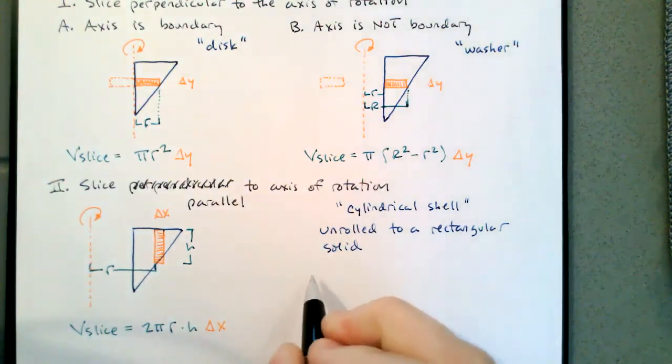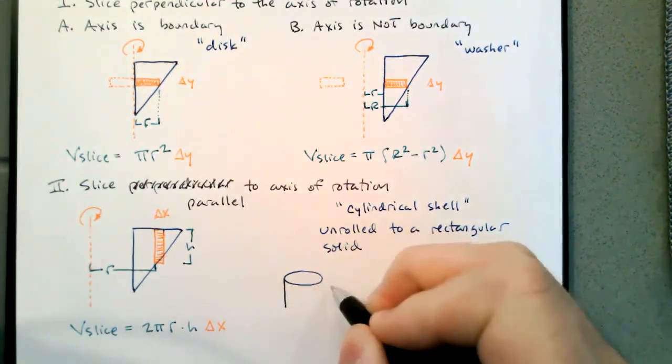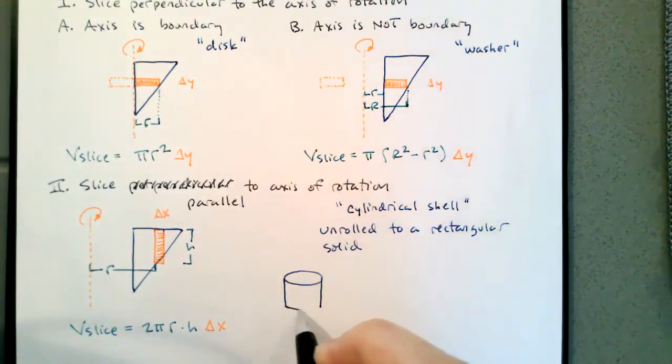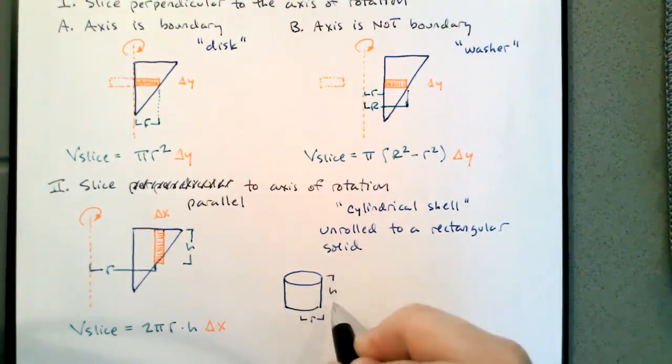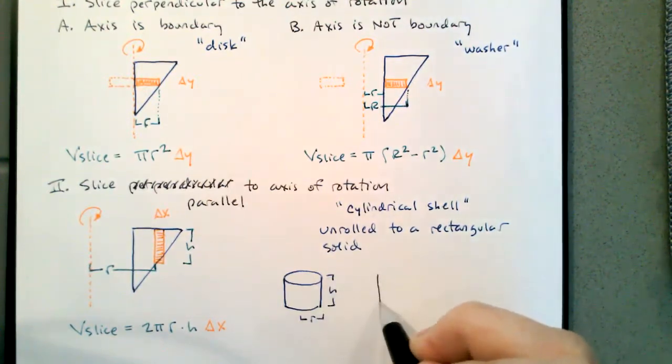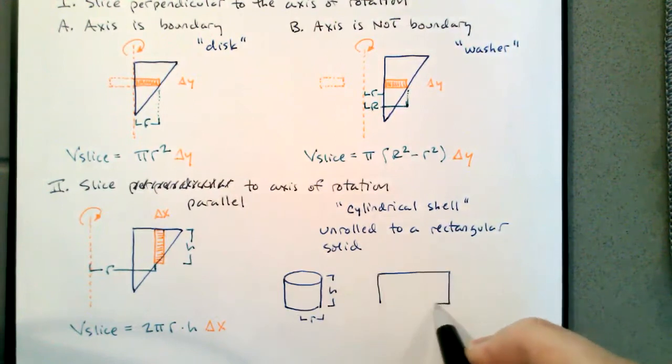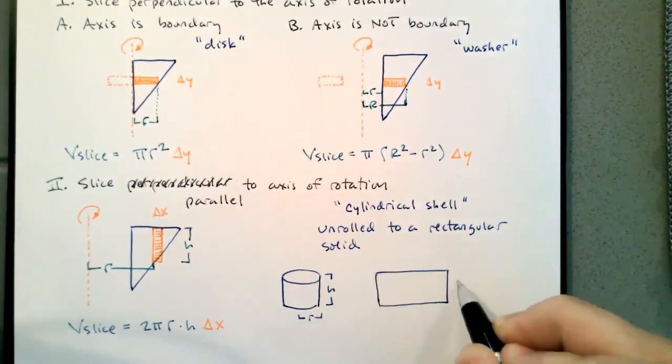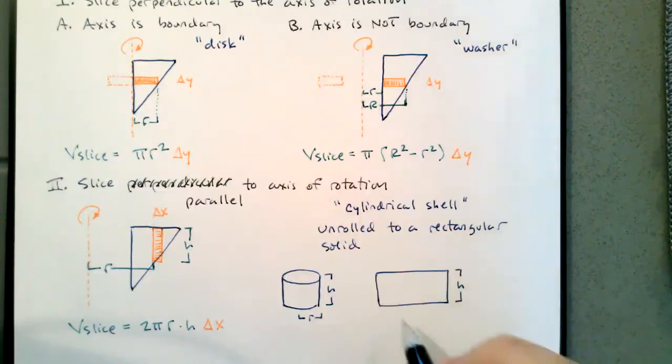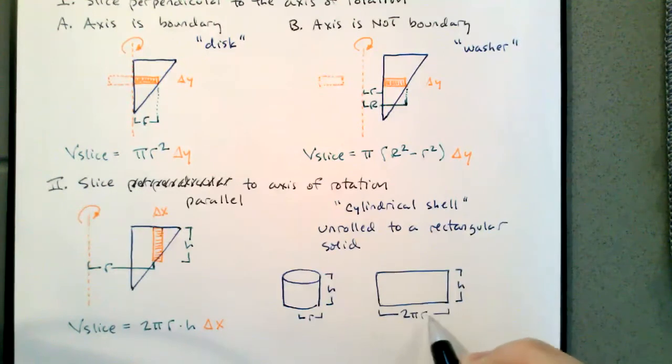So we're taking a cylinder with a radius and a height, and we're unrolling it into a rectangle with a height and a length, which is the circumference of the cylinder. So that's where things come from.